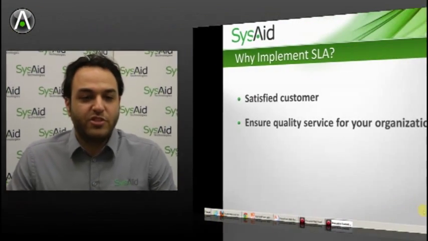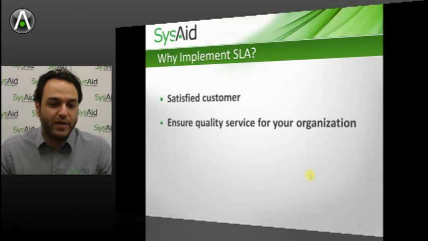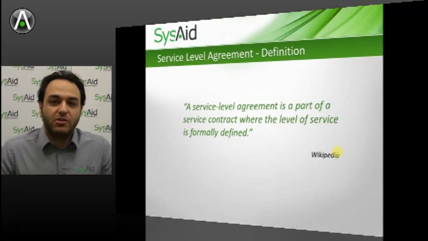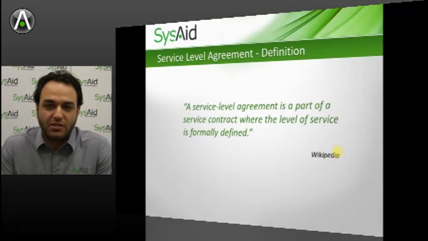So Hanan basically started by talking about the general ITIL aspects relating to SLA and SLM. Let me just put my presentation back on. And I would like to begin where Hanan left off with a simple definition taken from Wikipedia on service level agreement.